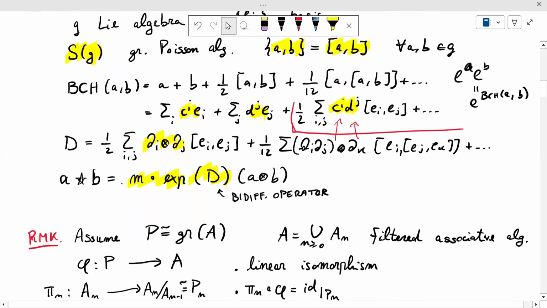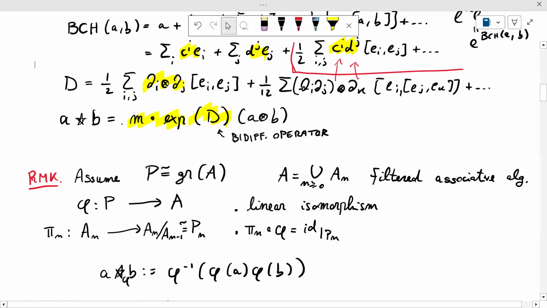Now, there is a general way to write down formulae to produce star products for graded Poisson algebras, which uses this concept of quantization maps.